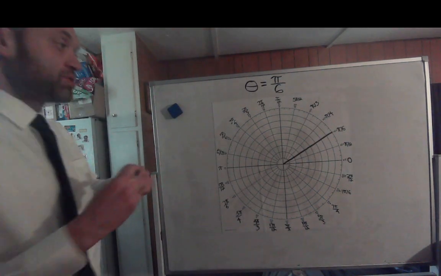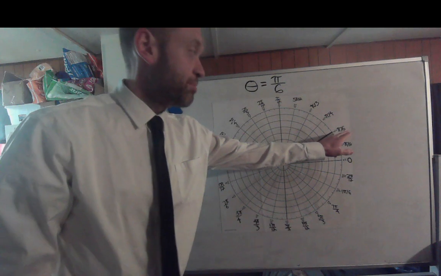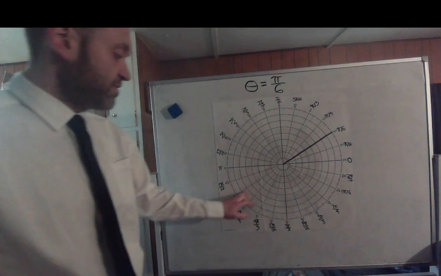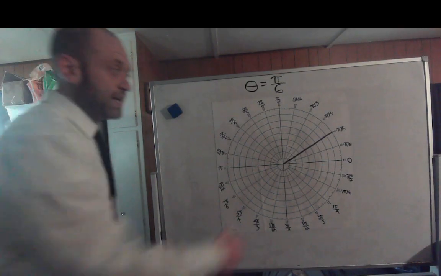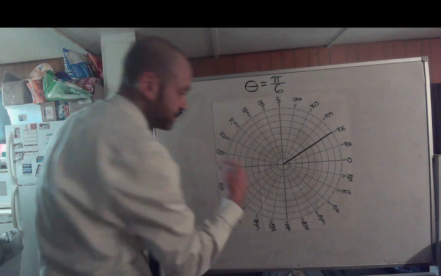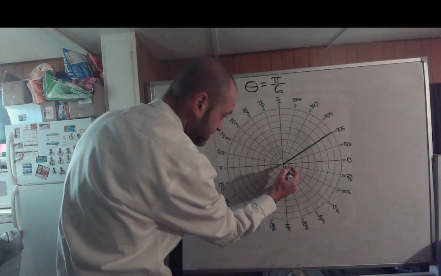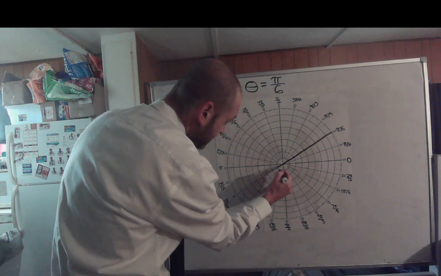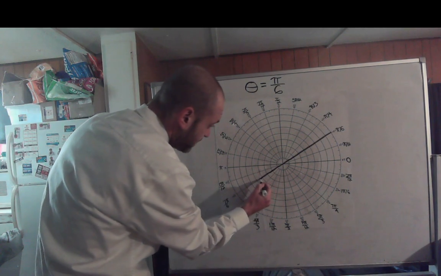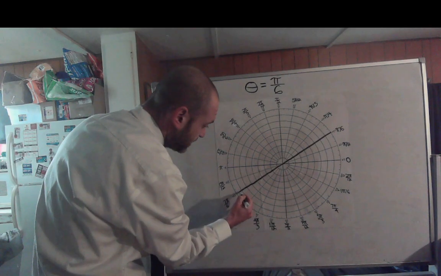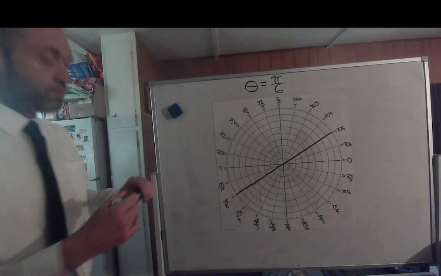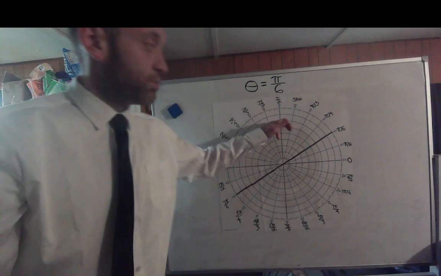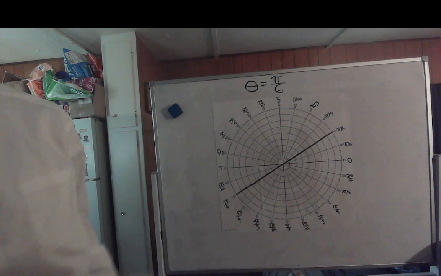Now, I also have to keep in mind I have to add pi to pi over 6, because that'll give me 7 pi over 6, which would be the negative direction for pi over 6, because a line goes both positive and negative. So I also need to draw through 7 pi over 6 to get the full line. So you would end up with a line that looks just like this for theta equals pi over 6.